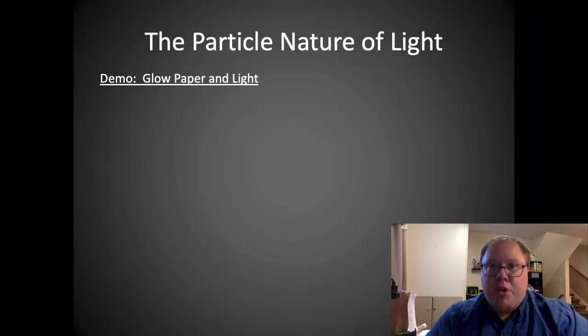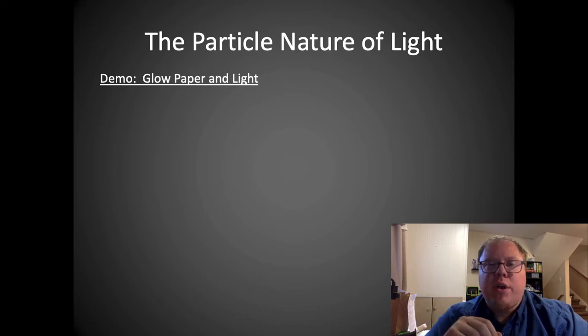So in this demonstration, we had some glow paper, and they had light. Now, what they did with the light is they put some filters on it so that it was different colored light. Red, green, blue, they even used UV at one point.